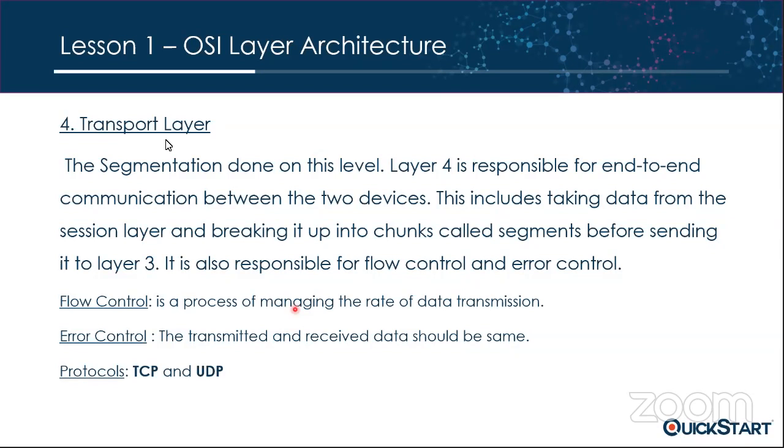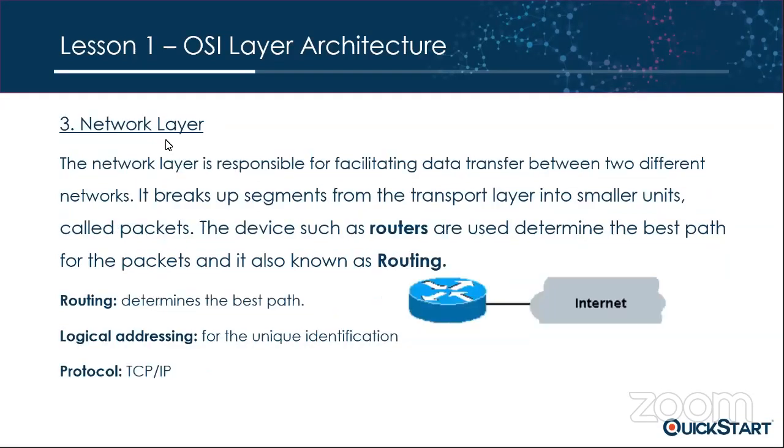All right, guys. So after the transport layer, it sends this data down. The network layer comes underneath the transport layer. Everything happening in the network world basically happens on this layer.